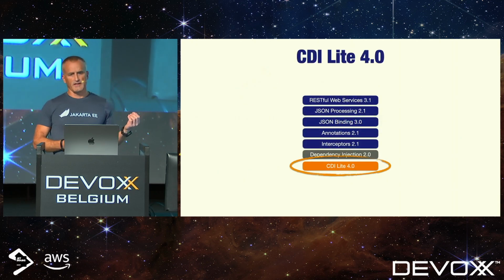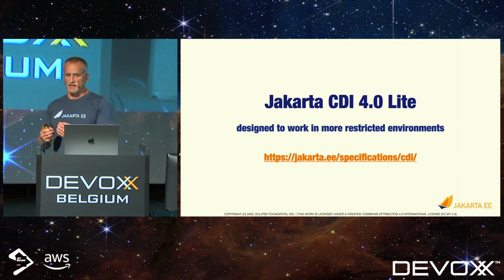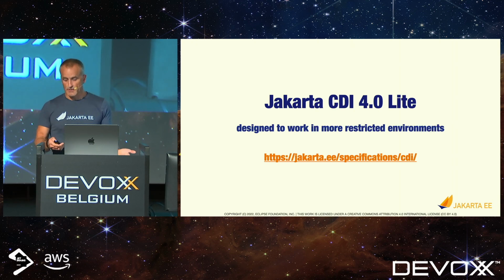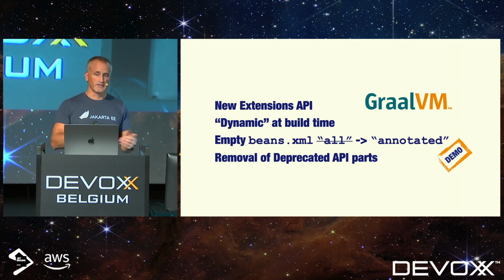And one of the key specifications in core profile is CDI Lite 4.0. And with CDI 4.0 Lite, what the team did there was design it to be able to run in more restricted environments. And with more restricted environments, what we're talking about is the possibility of compiling it to native using technologies like GraalVM.